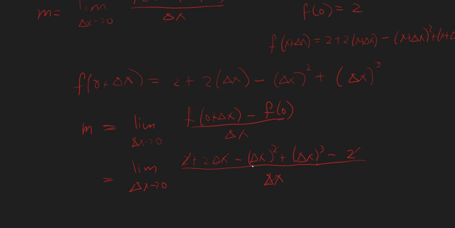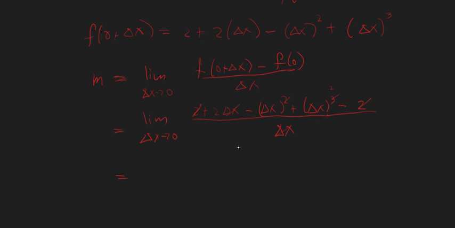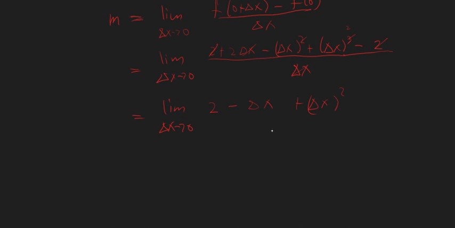So simplifying, the limit as delta x approaches 0 will be equal to 2, since 2 delta x over delta x is 1, minus delta x raised to 1, plus delta x squared. Taking the limit as delta x approaches 0, delta x is 0, 0 squared is still 0, so the remaining is 2. So the slope will be equal to 2.